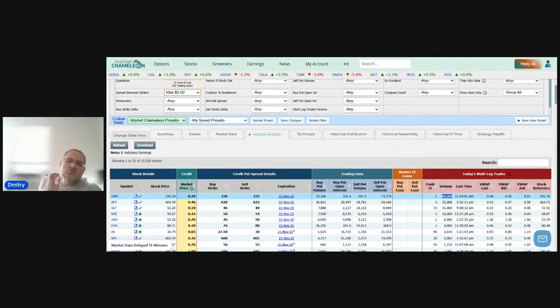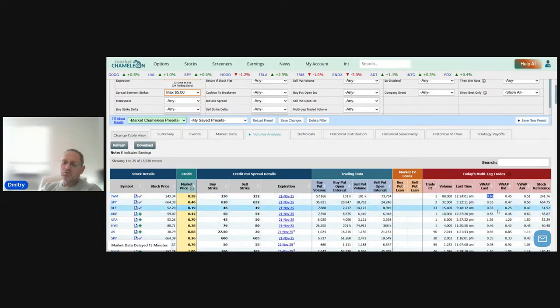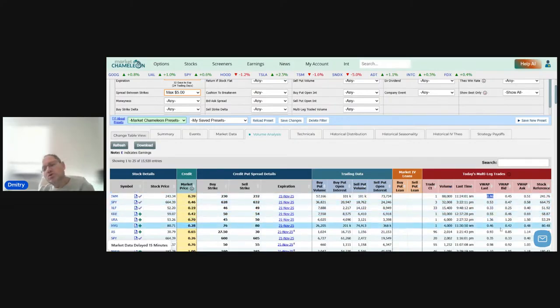And if we go further, we see that the VWAP price was 46 cents, so it traded at 46 cents. Right now, the market price is 39 cents. So that's the market bid, and you could see that it's lower. The bid is lower than where it traded.